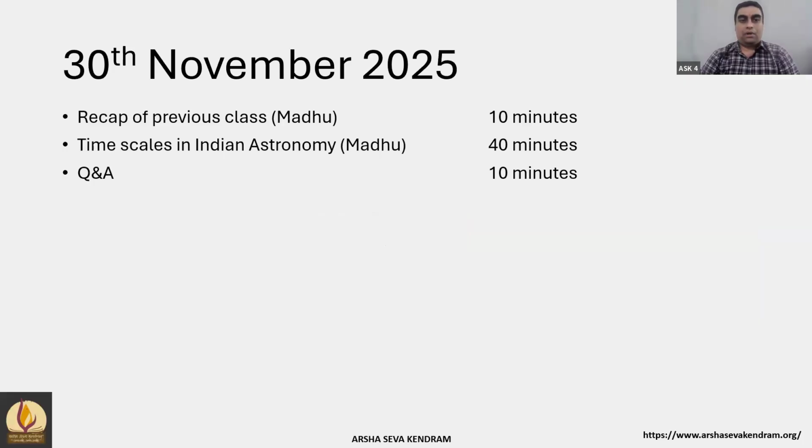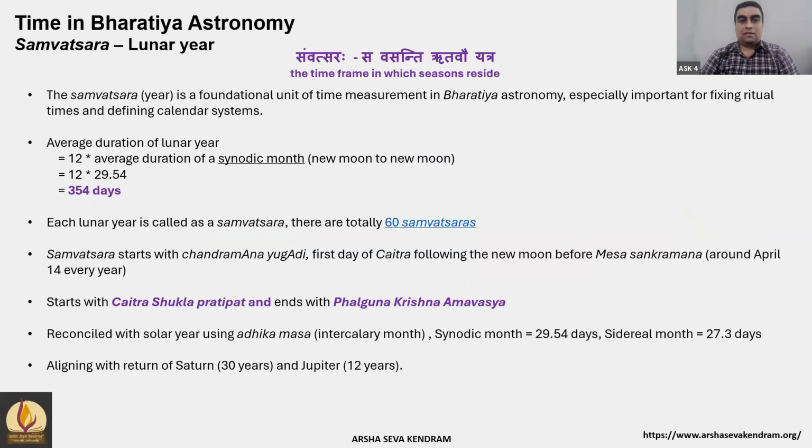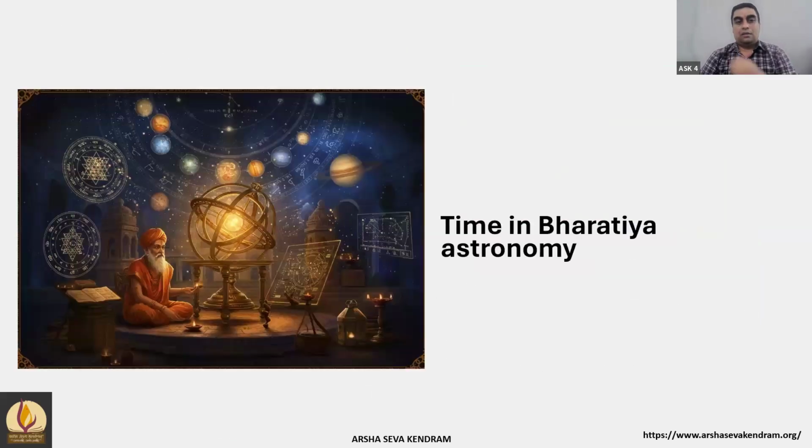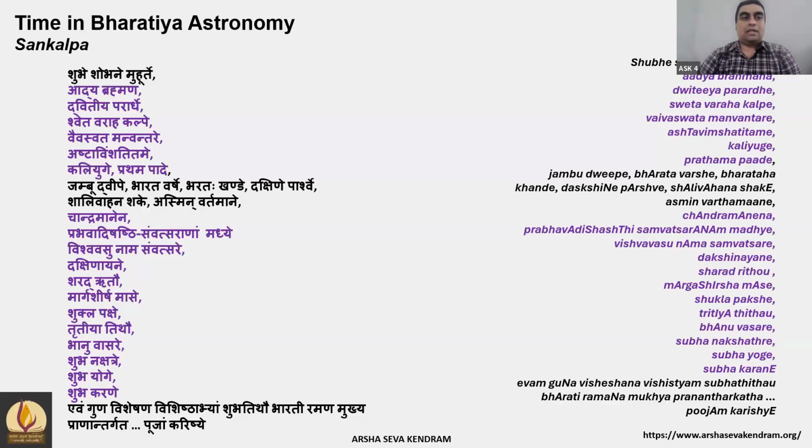So, a quick recap from last class. Last class, we started with a Sankalpa mantra, where we saw the different time scales that are laid out in the mantra, starting from the life of Brahma to Parartha to Kalpa to Manvantara and to the Yuga.